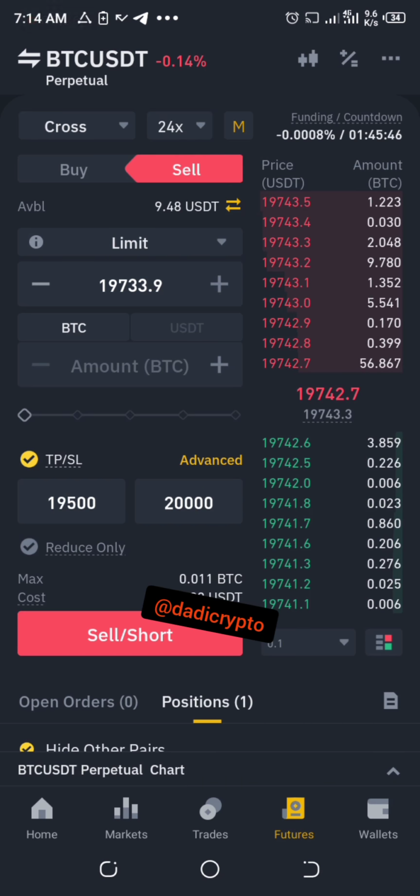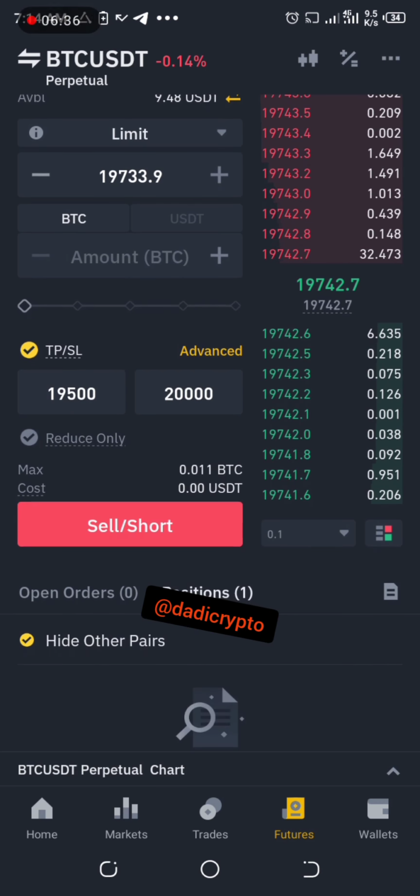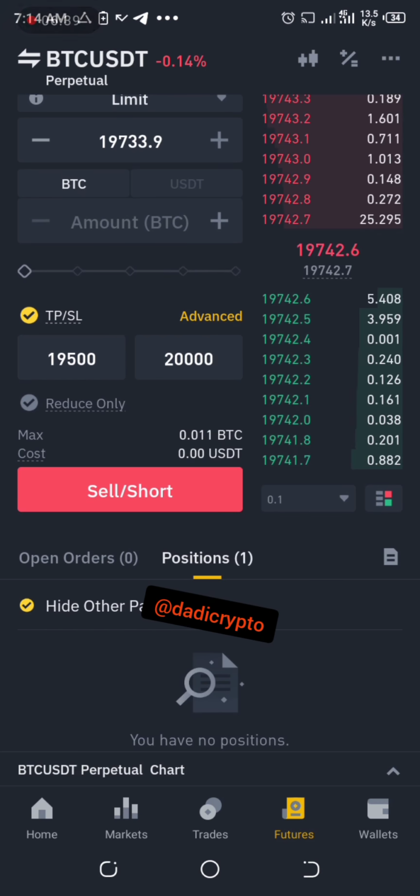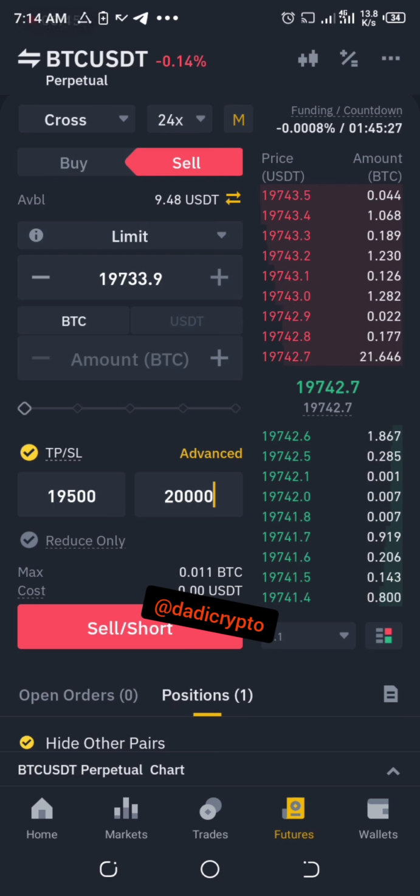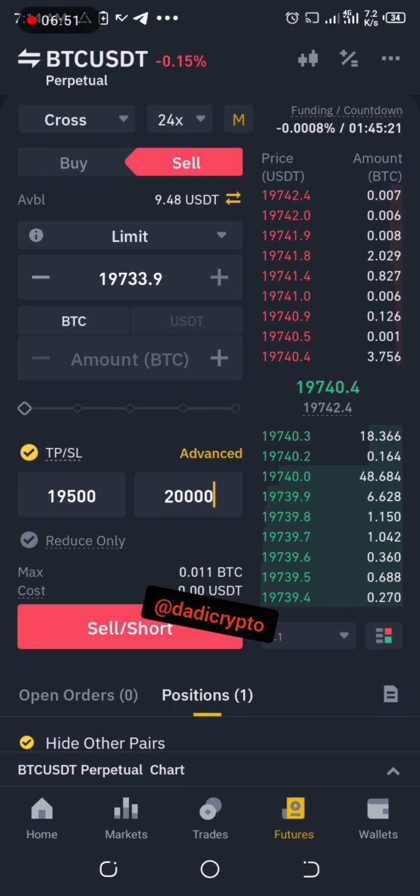That's why people tell you whether the price is going down, in a bear market or in a bull market, they are making money. The way they're doing it is in futures trading. So a disclaimer: in futures trading, you can lose all your money and you can also make a lot of money. So trade at your own risk, do your own research, learn the proper trading techniques.